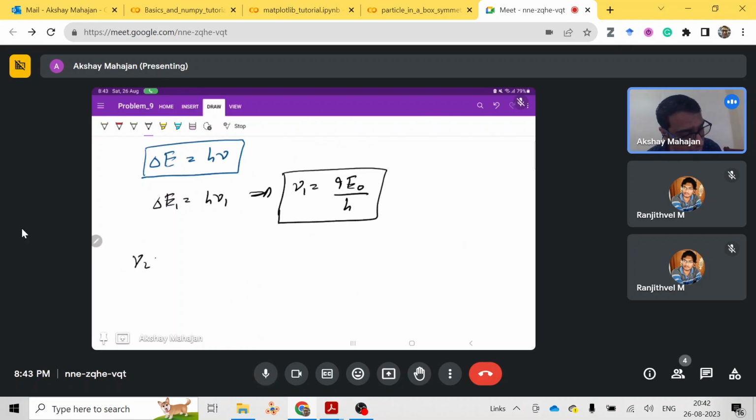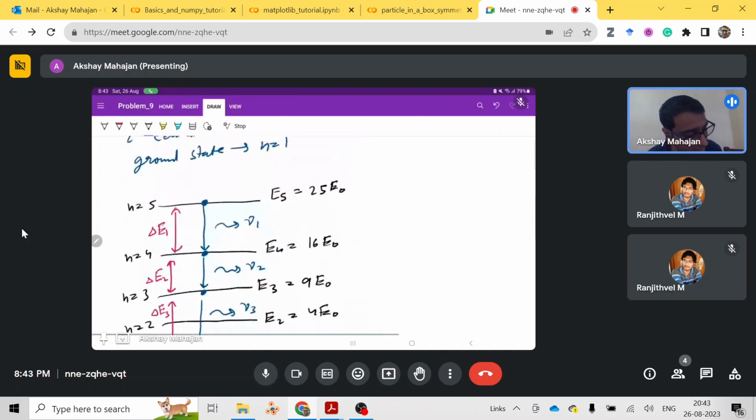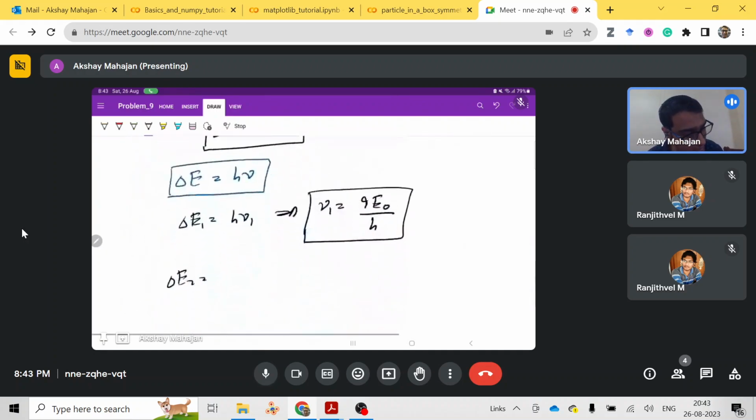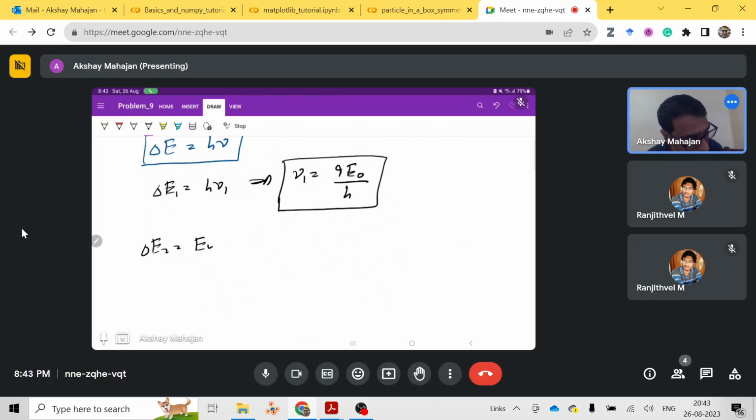Now our nu2 will be equal to delta E2 by h. Our delta E2 will be E4 minus E3, so 16 times E0 minus 9 times E0.